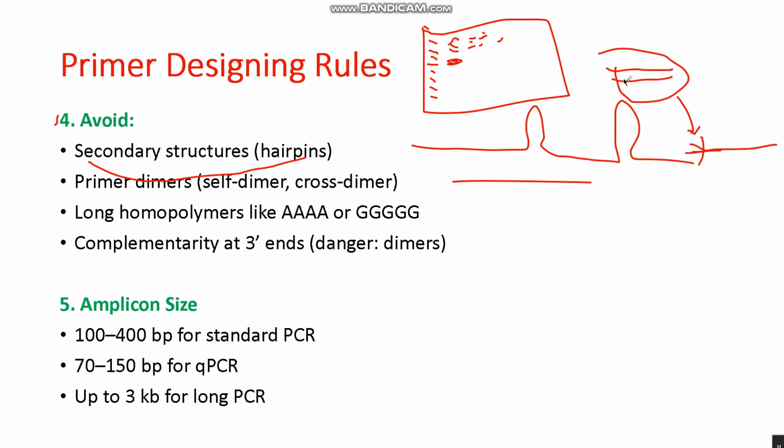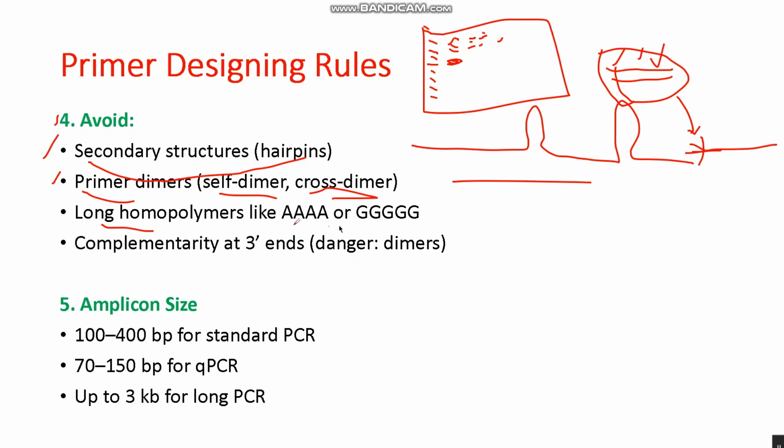Okay, so this type of problem causes primer dimers. So how does it occur? Due to secondary structures. Okay, the primer dimers, self dimers, cross dimers, this type of dimers, your primers will be vulnerable.